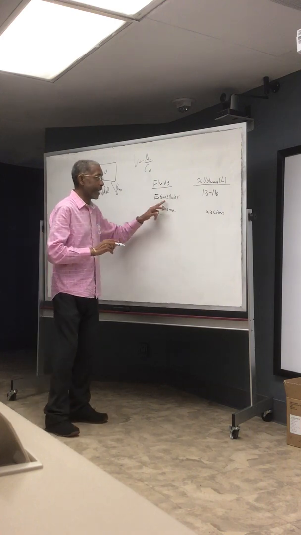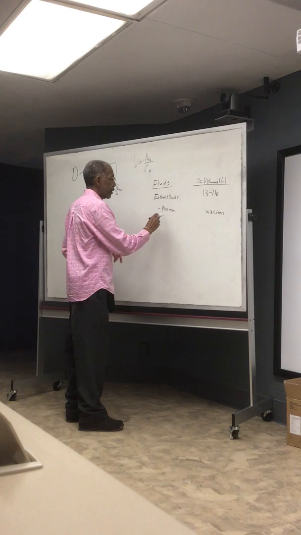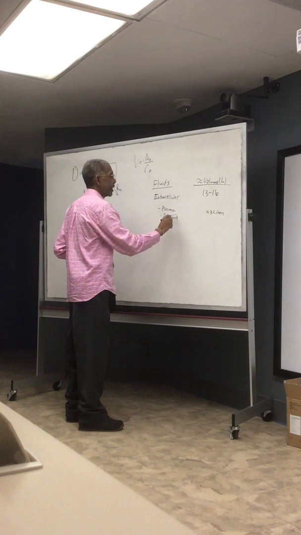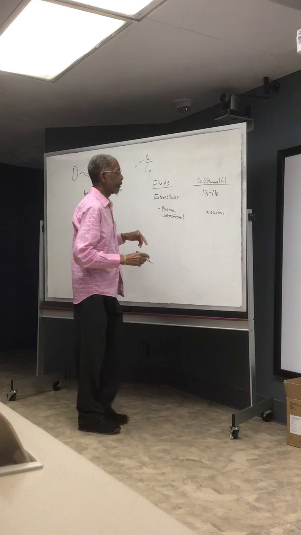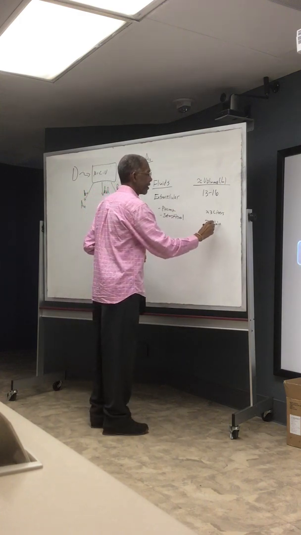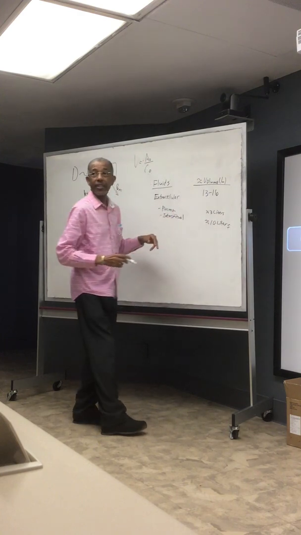So you have plasma, that's one type of extracellular fluid. And then you have these so-called interstitial fluids, between the cells, okay? And those fluids are approximately 10 liters. So that's how they come up with this value here of 13 to 16 liters.